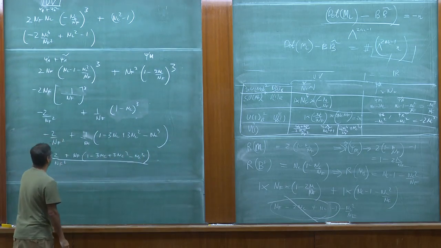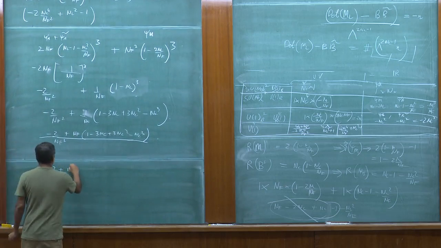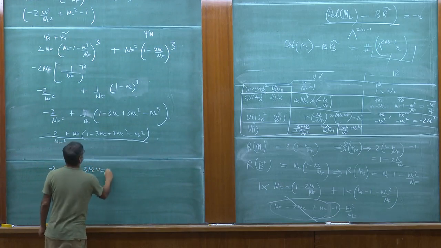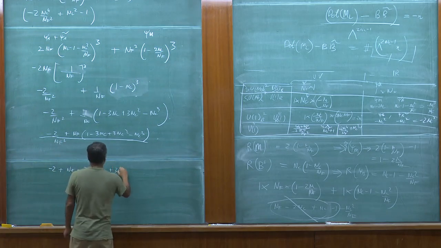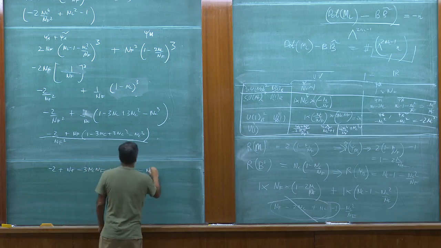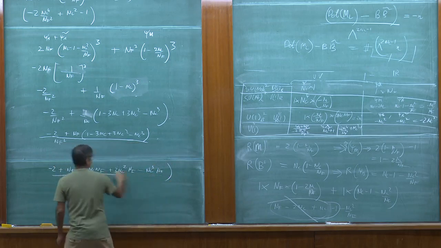So it's minus 2 plus NF minus 3 NC NF plus 3 NC squared NF minus NC cube NF by NF square.